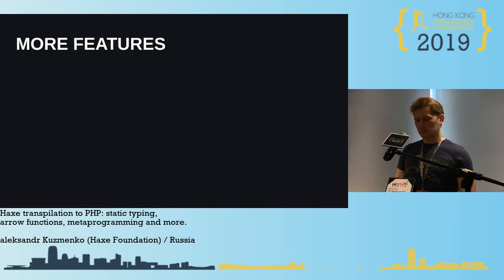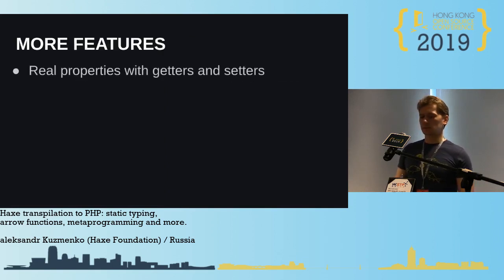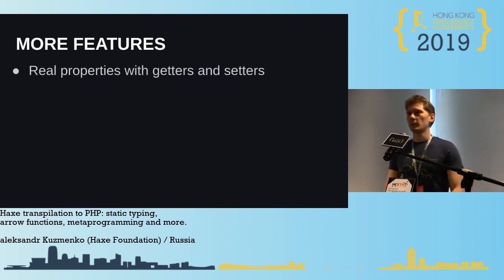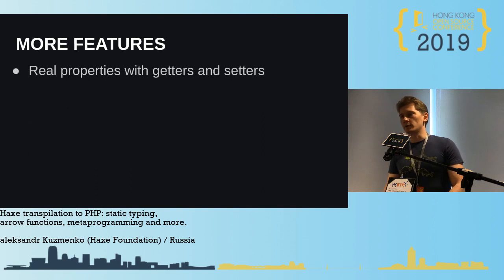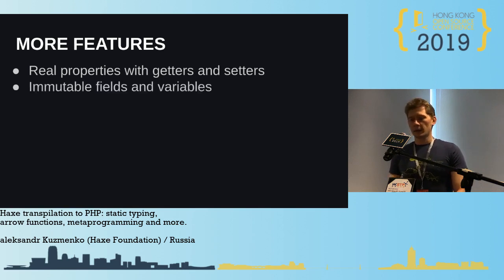Now I just want to mention some other features Haxe has which do not exist in PHP. These are real properties with getters and setters. So when you start creating your class, you declare fields, and then if you want to change a field to a getter or setter, you can do it, and on the other side, you don't need to change the code using that class.